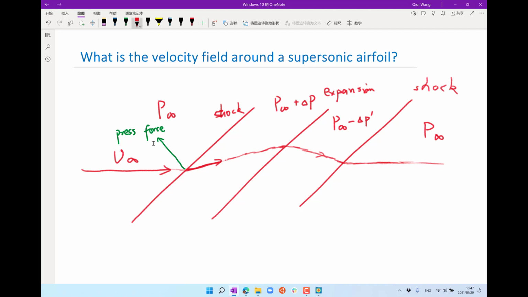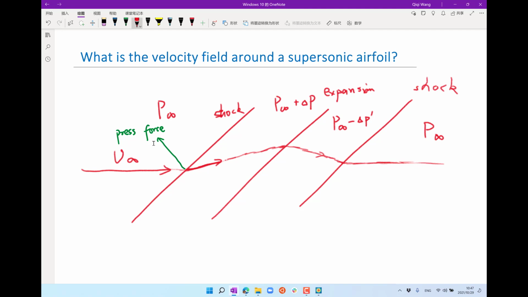It does, right? So that's exactly how the pressure has to behave, because on the upper side of the airfoil, the flow has to follow the slope of the airfoil. The velocity has to follow the slope, and the slope corresponds exactly to an increase or decrease of the pressure.